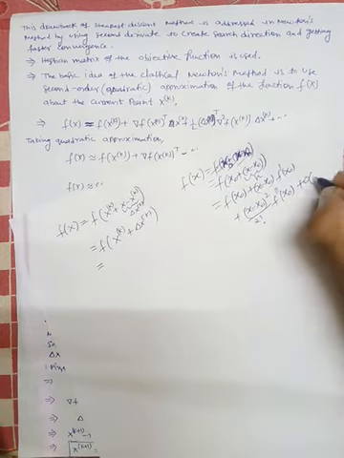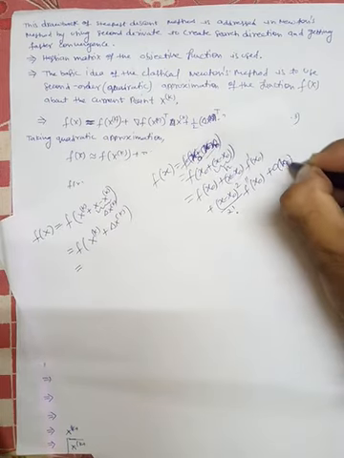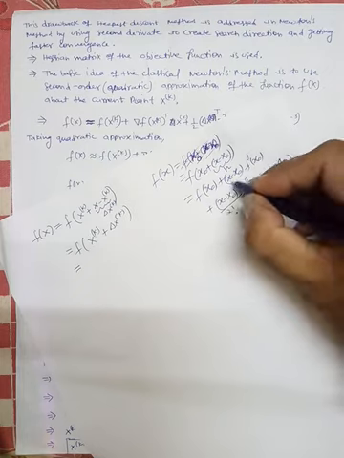The higher order terms are of order h cube, where h means x minus x naught.